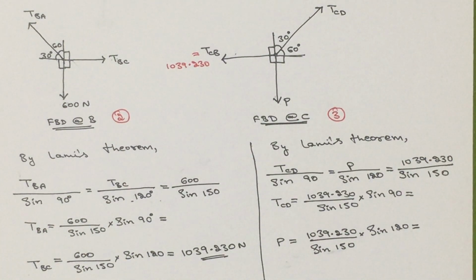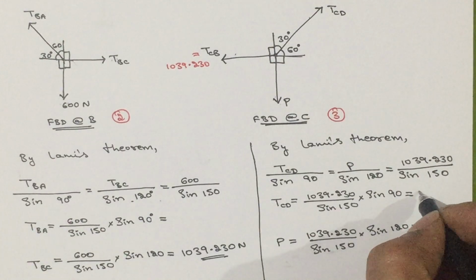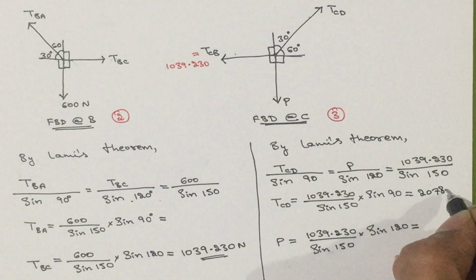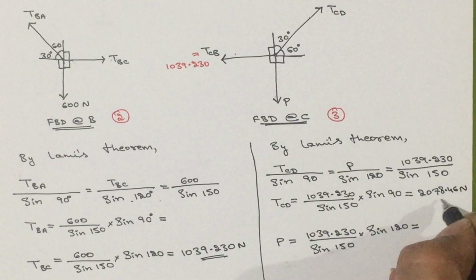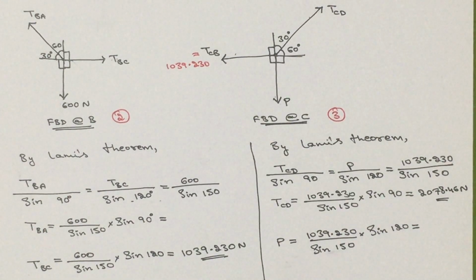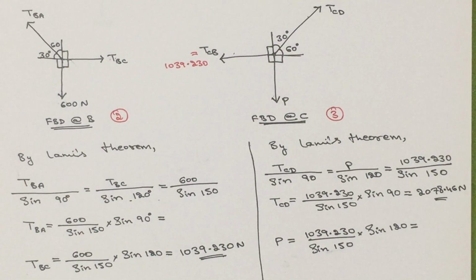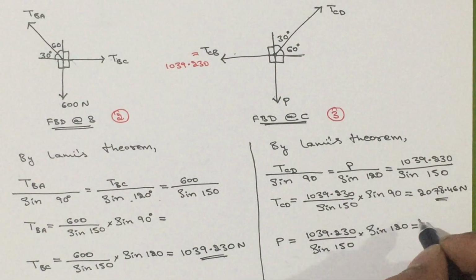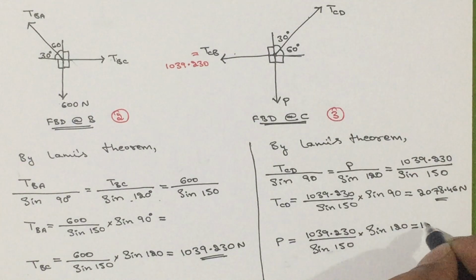So, TCD you are going to get as 2078.46 newtons. Then P you are going to get as 1800 newtons. Check it out once, it may be 1800 or 1200.